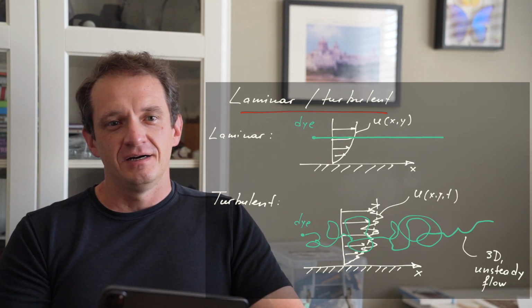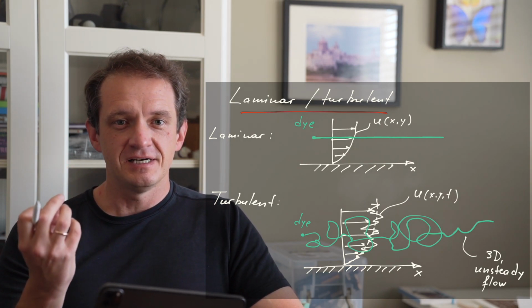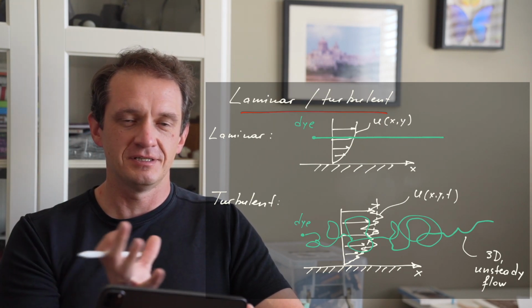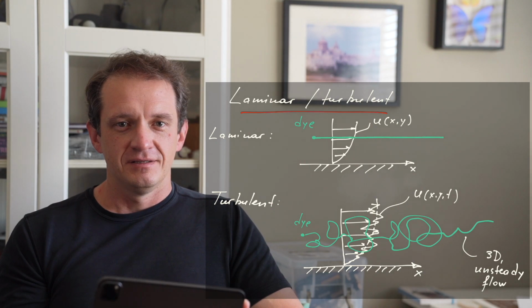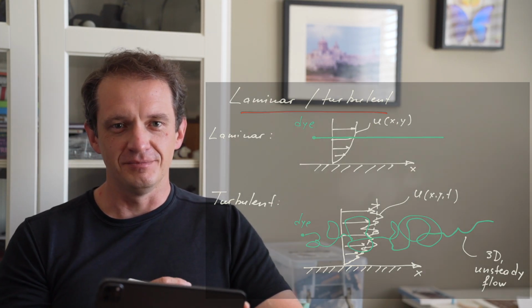So we are compelled to study those to gain some insight into the motion of the smallest scales in order to predict the large-scale details. This is why turbulence is the unresolved challenge in fluid mechanics. It's a very difficult problem to consider.